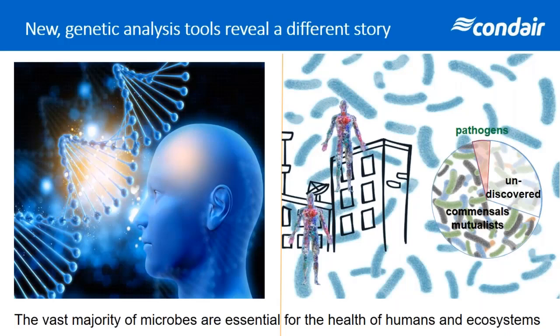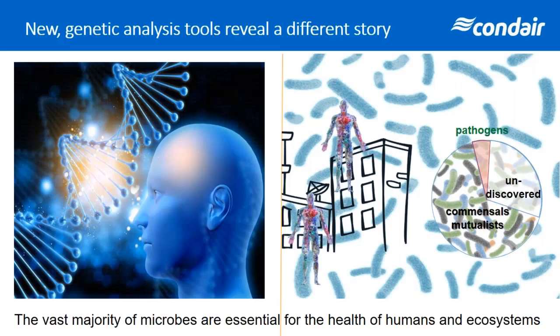But we can now use these genetic analysis tools to see all of the bacteria and viruses and fungal organisms in our environment, in our bodies, on our bodies. And what we've learned has completely radicalized our former model of humans and germs.